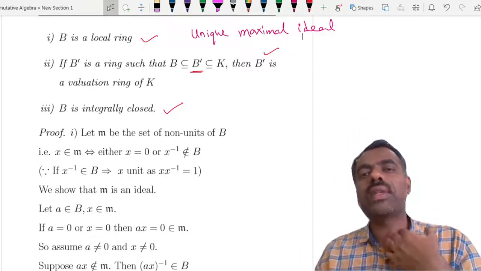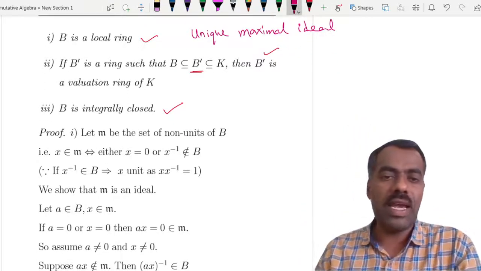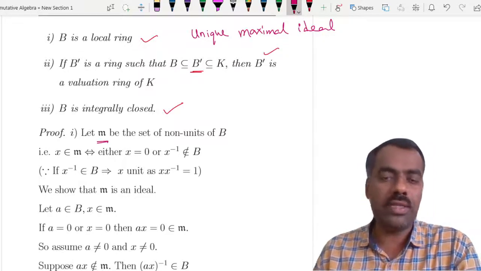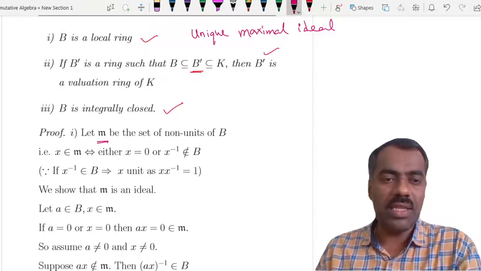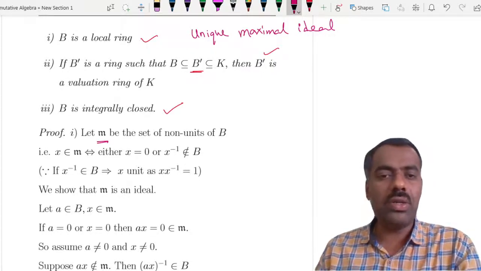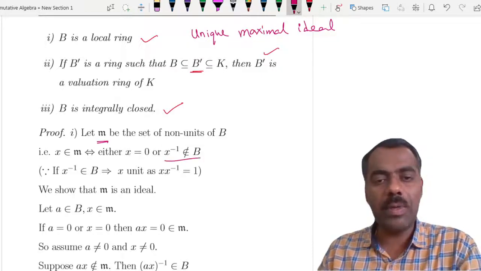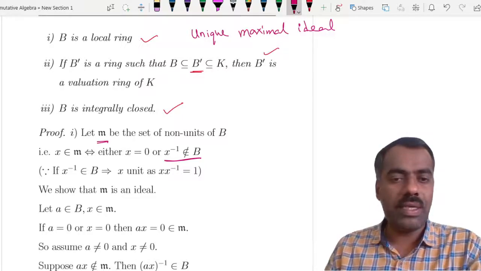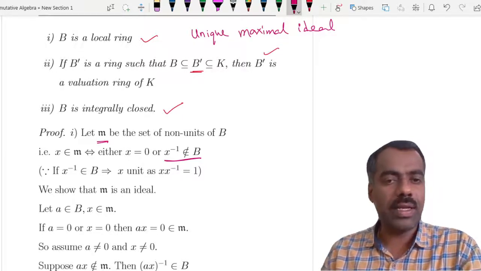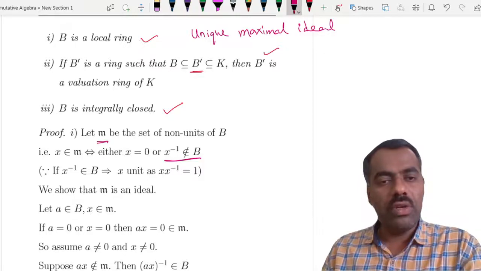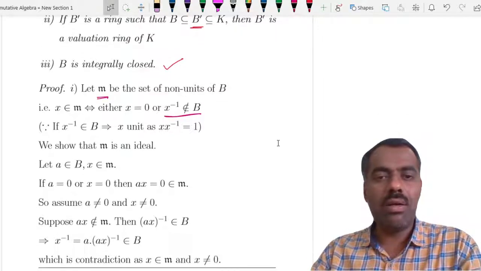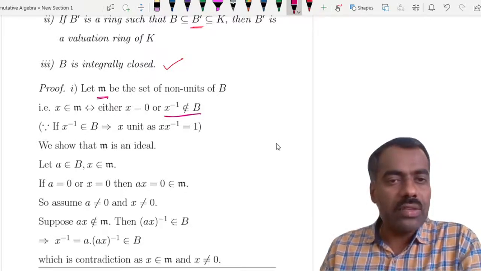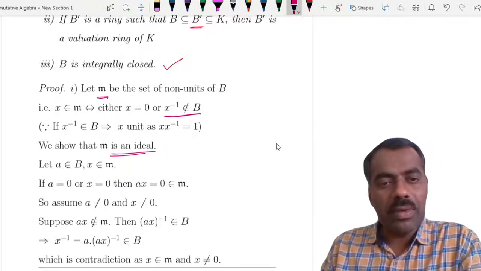So we construct this maximal ideal by considering the set M of all non-units of B. That means x is in M means either x is 0 or x inverse is not in B, because if x inverse is in B, then x is a unit, since x times x inverse is 1. Because it contains all non-units, obviously it will become the maximal ideal. So it is enough to show that M is an ideal.